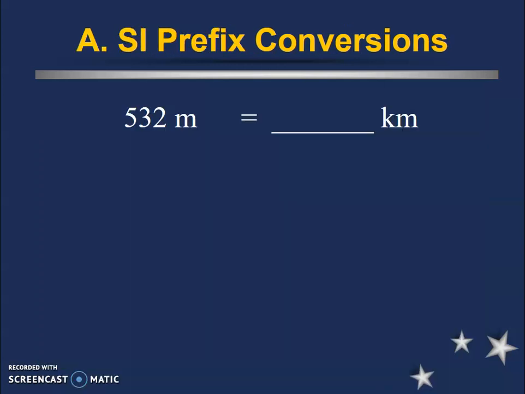Let's do a few more examples. Hopefully you took a moment to copy that stair step into your notes, and you can use that to do these conversions. Okay, so we have 532 meters and we want to turn it into kilometers.